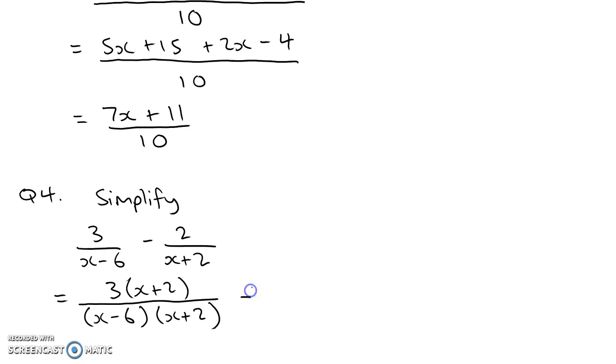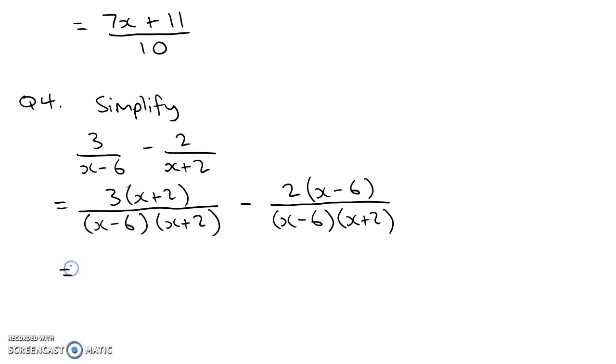Now for the other half, same again, we know the common denominator is x minus 6, x plus 2. What have we multiplied the x plus 2 by to get it to this denominator? We've multiplied it by x minus 6, so that becomes minus 2 times x minus 6.